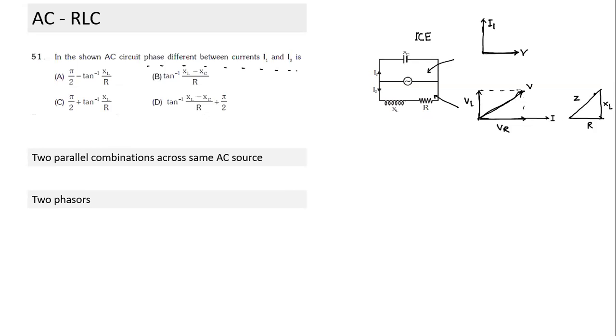This becomes your I phasor, and this becomes your V phasor. So in this case, can we find phi here? What is tan phi in the second case? XL by R.